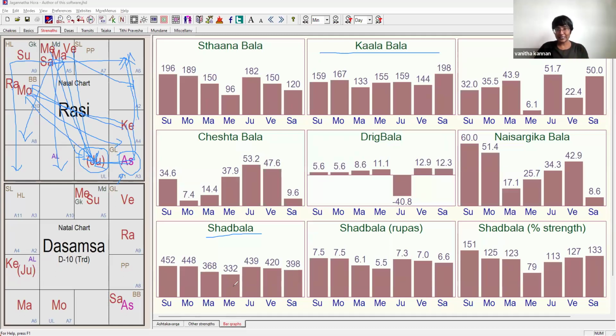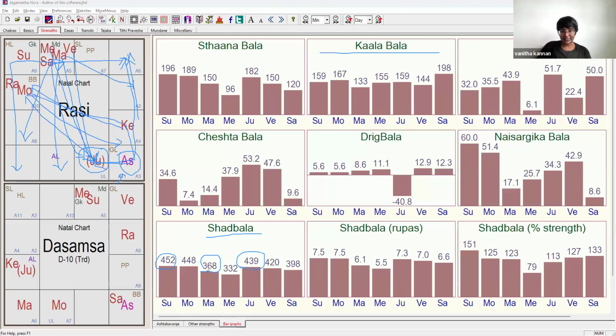When you see the grahas that are strong, the Sun and the Jupiter should have 390. See, the Sun is 452 and the Jupiter is 439. It's above the value of 390. And we will see the Mars and the Saturn, which need at least 300 Virupas.